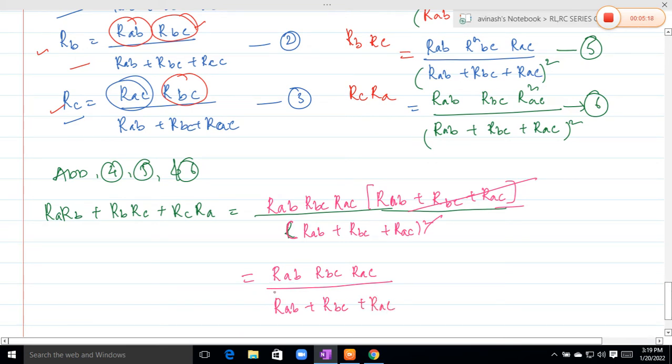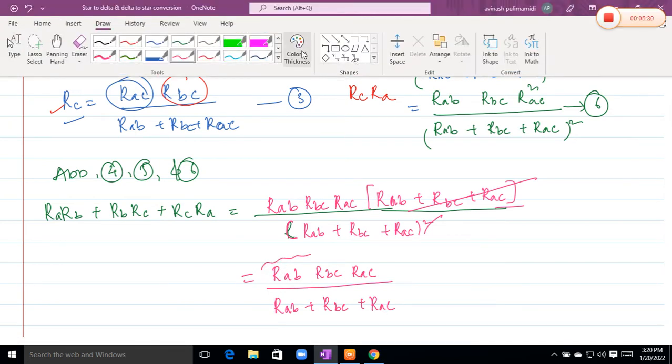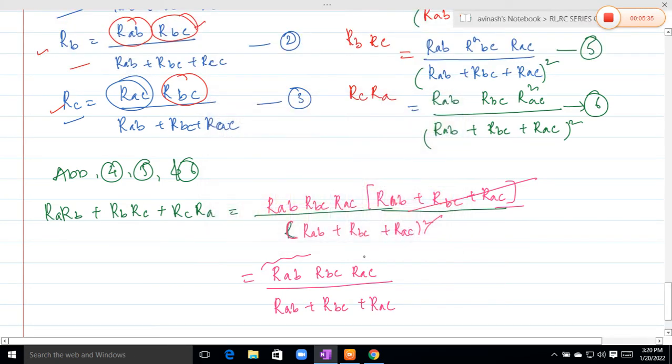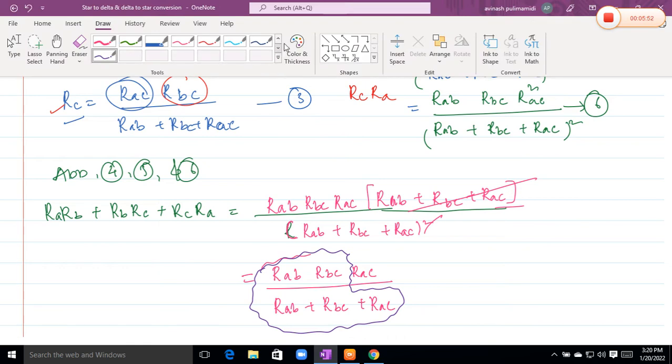If you carefully observe, RAB into RBC divided by RAB plus RBC plus RAC is nothing but RB. Am I correct?